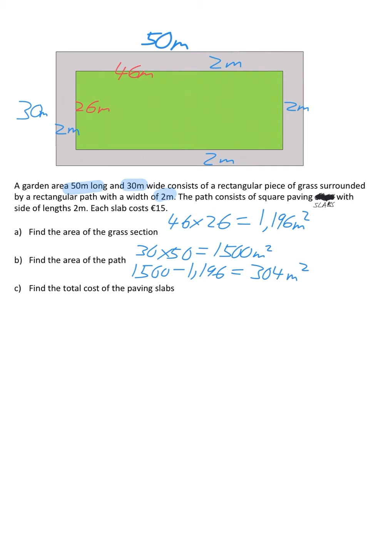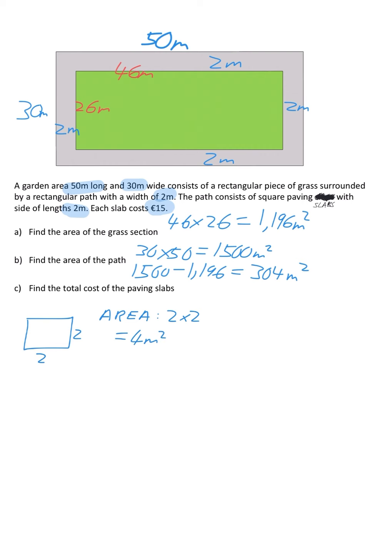Now, the last part then, we need to find the total cost of the paving slabs. And we're told that the paving slabs have length 2 meters and each slab costs €15. So we have 2 meters and 2 meters because if it has a length of 2, that means all the sides of a square are the same length. So that means my area will be 2 times 2, so it's 4 meters squared.